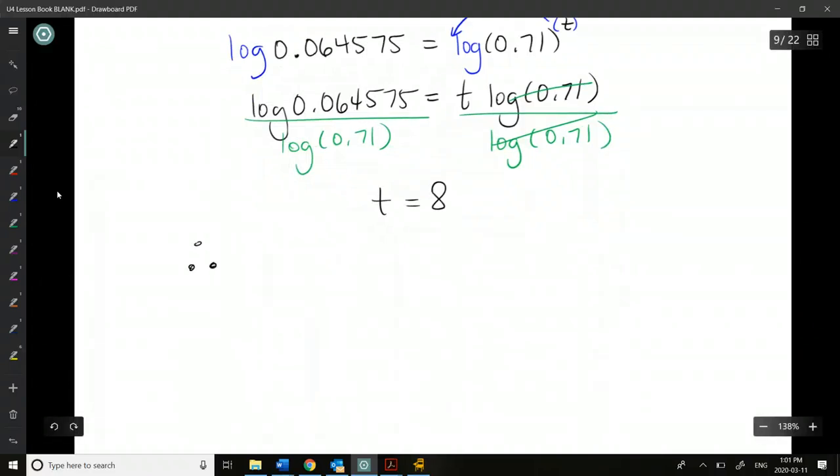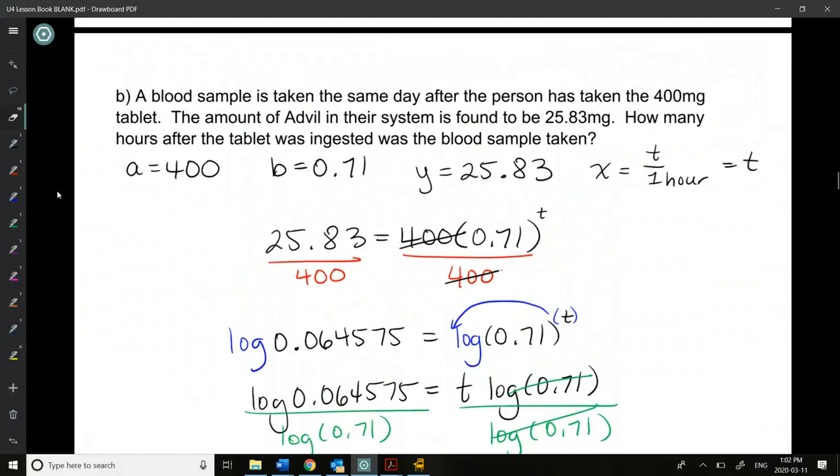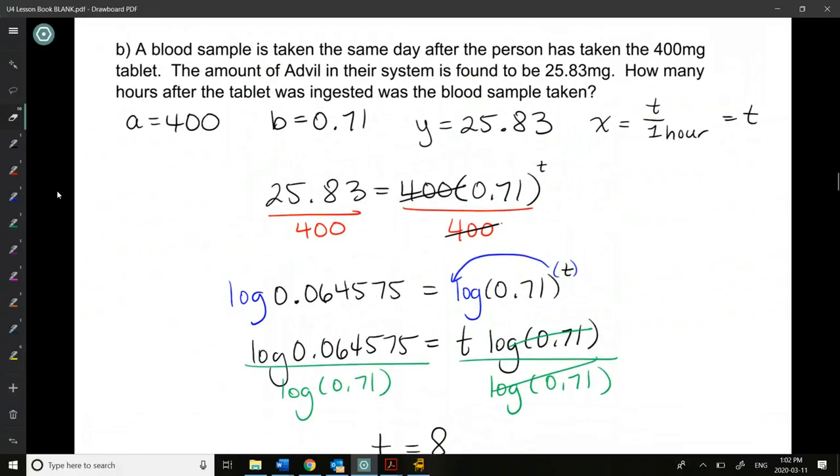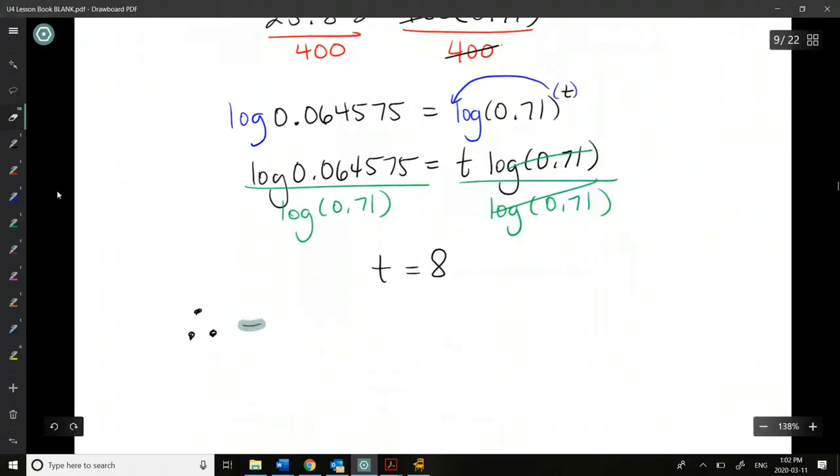Okay, so therefore, who can make our final sentence for us here? This question was asking how many hours after the tablet was ingested the blood sample was taken. So George, what would you say? The blood sample was taken 8 hours after.